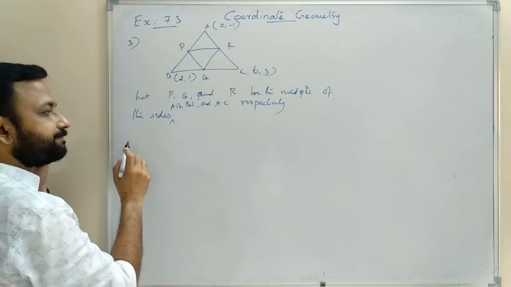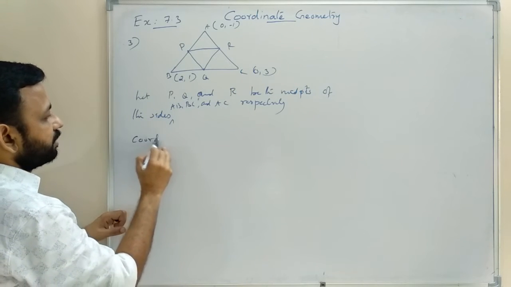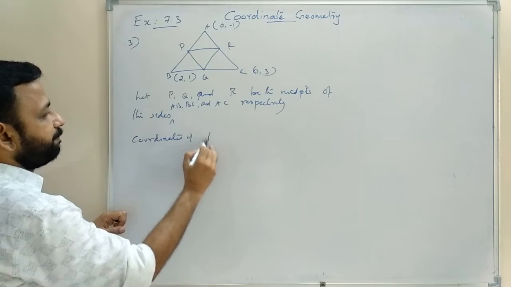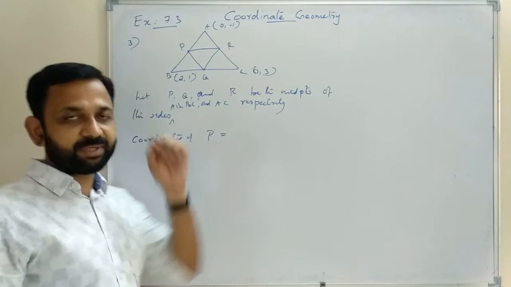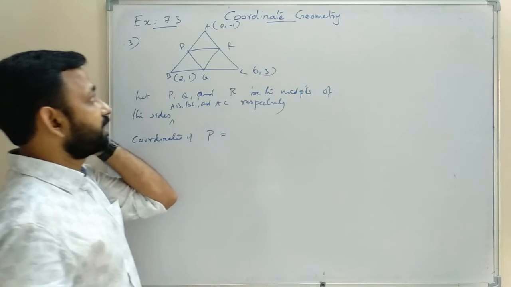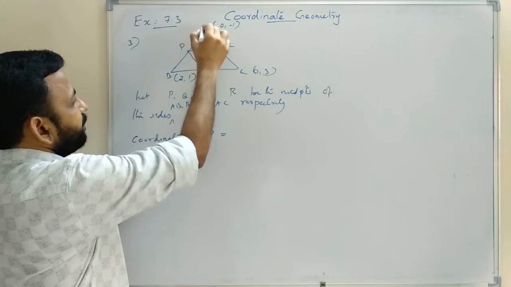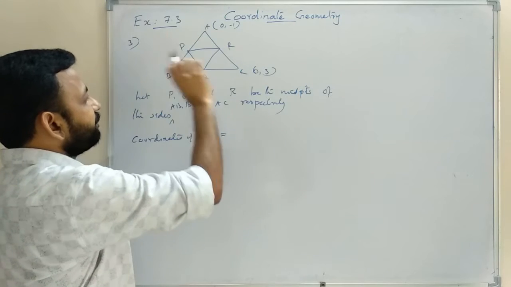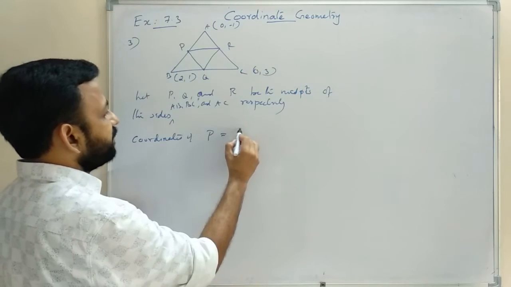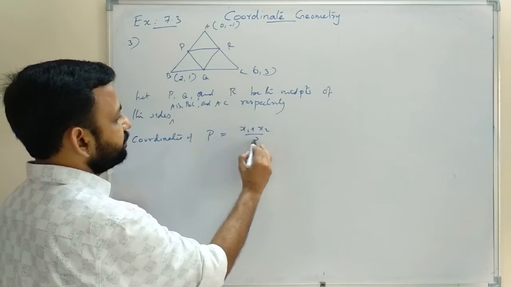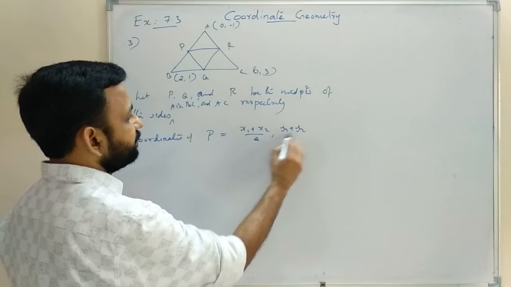So we can write down the coordinates of P, that is the midpoint of AB. Because P is the midpoint of AB, we can use the midpoint formula: (x1 plus x2) by 2, comma (y1 plus y2) by 2.